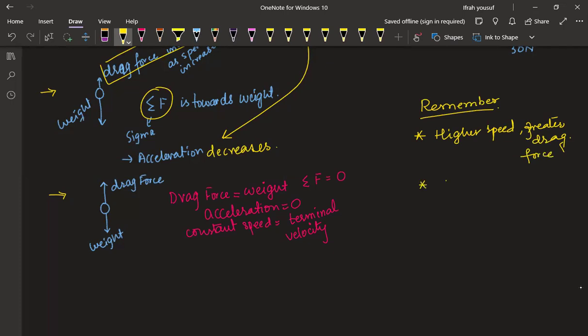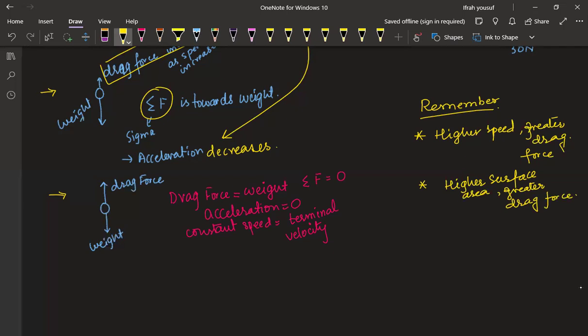Second point, higher surface area, greater drag force. Clear? Clear, beta?